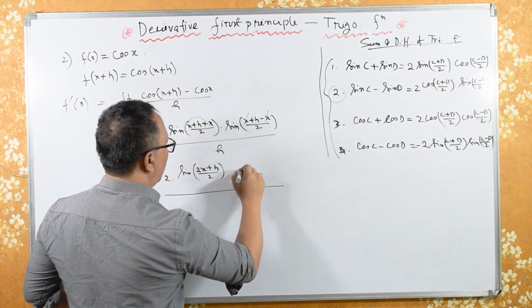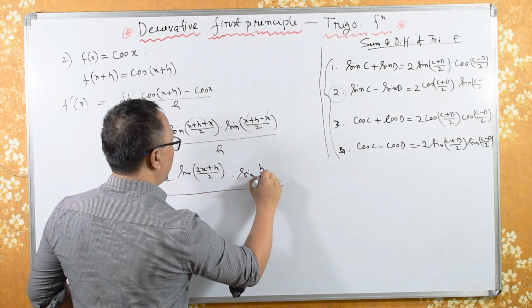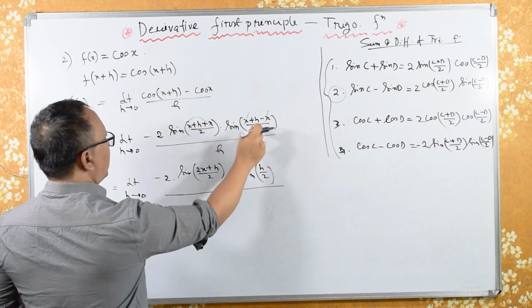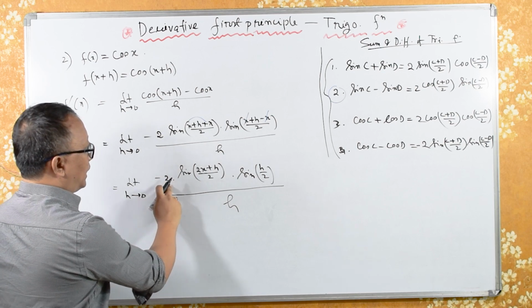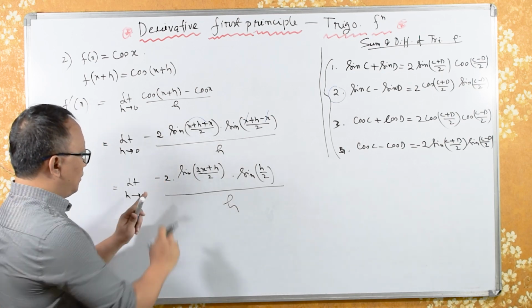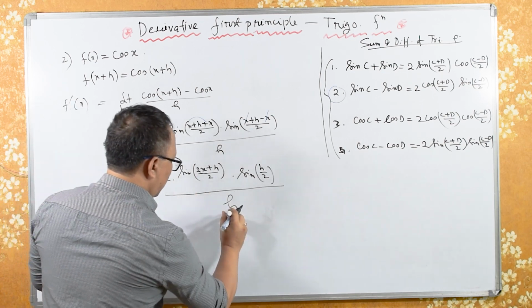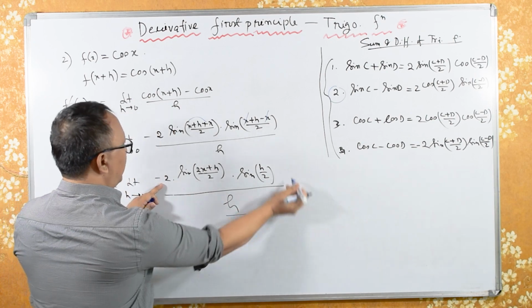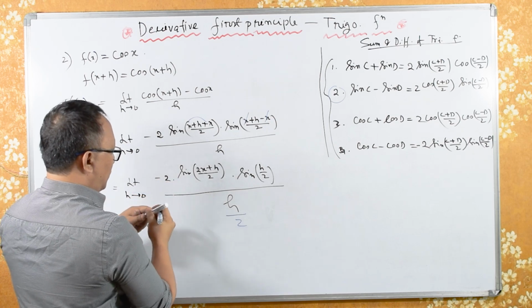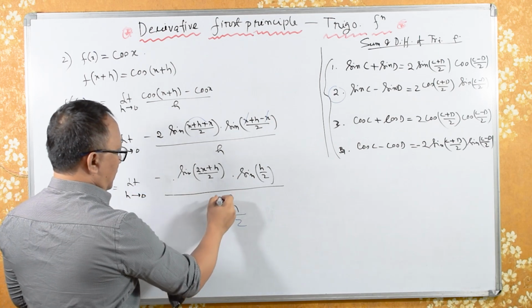sin of h upon 2, upon h. These 2 I can bring over here, upon 2.